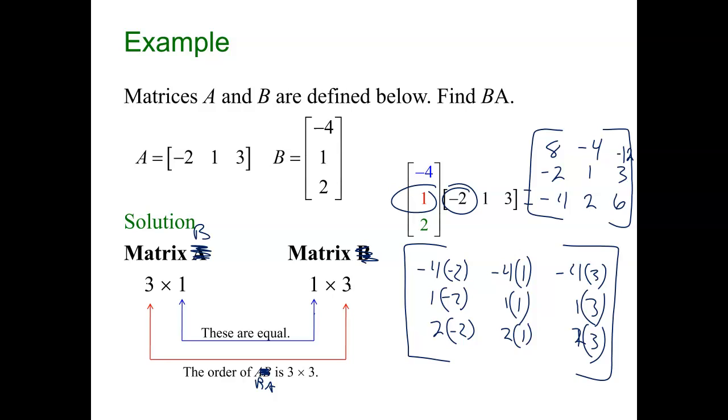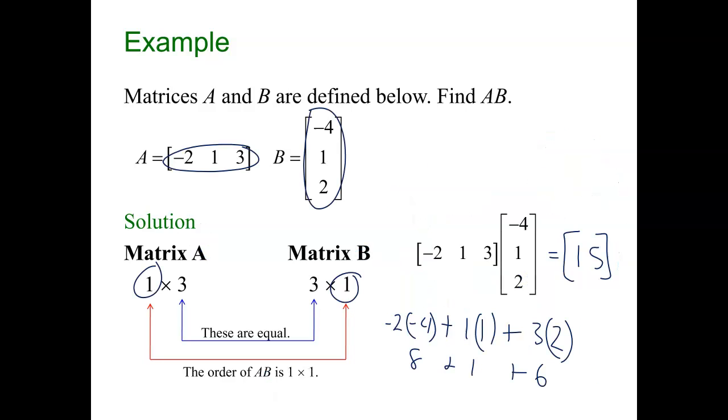But remember, because we're doing row by column computation, if we change the number of elements in the row and the number of elements in the column, now we're changing our computation because it's row by column. So in this one, I had 3 elements in a row and I had 3 elements in a column.